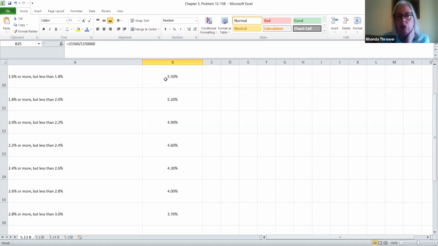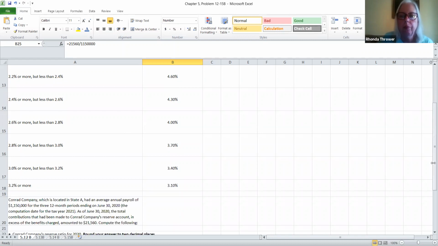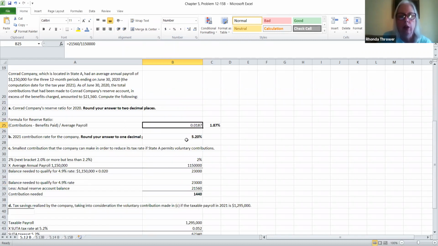So the contribution rate is 5.50%. This is the amount of the state unemployment taxes that this company is going to have to pay. So this chart shows you how you can figure your state unemployment tax rate. So 5.2% is the contribution rate for 2021.